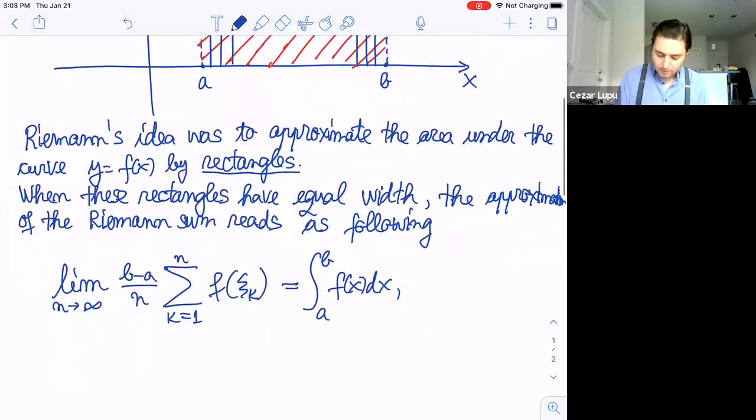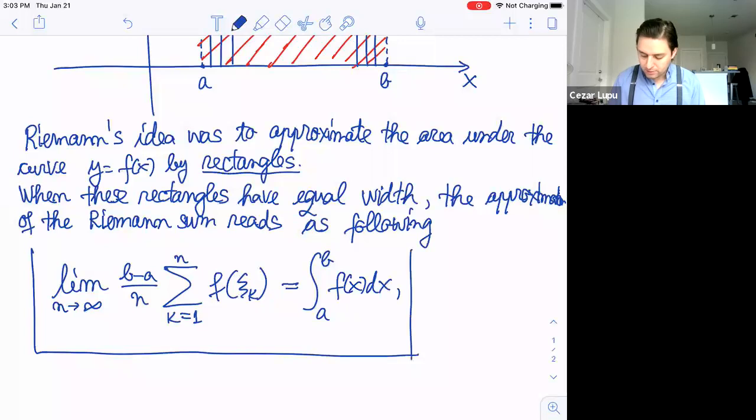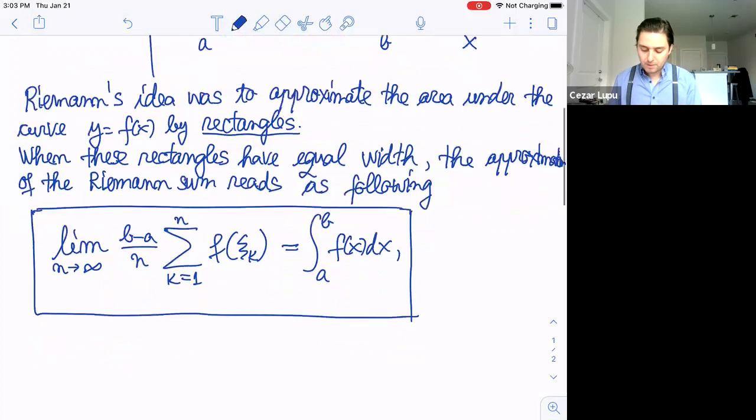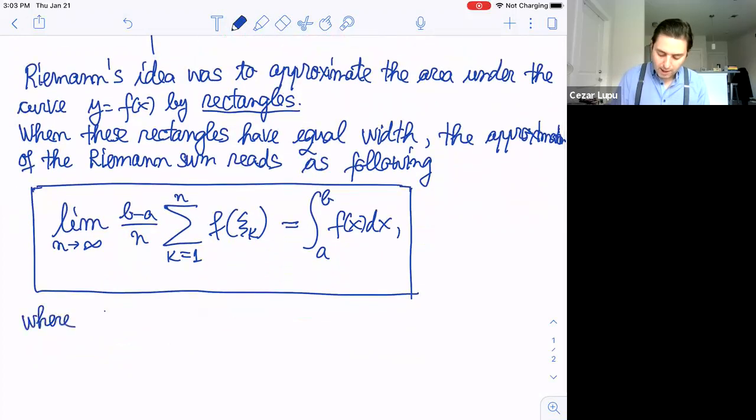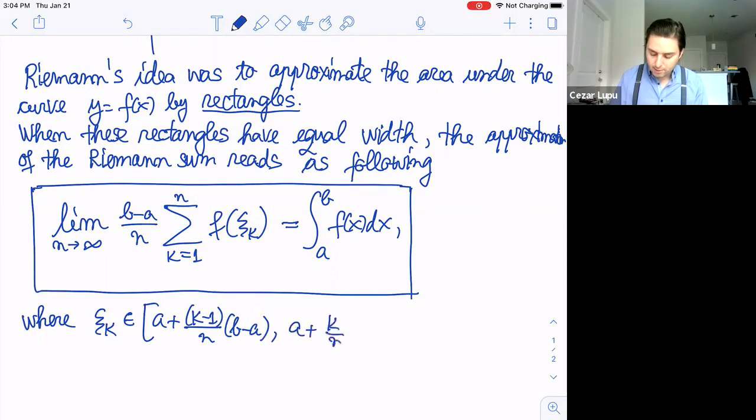And here, I'm going to specify who these numbers ck are, where these numbers ck belong to this closed interval a plus k minus 1 over n times b minus a, and a plus k over n times b minus a, right? So this is the famous theorem of Riemann.